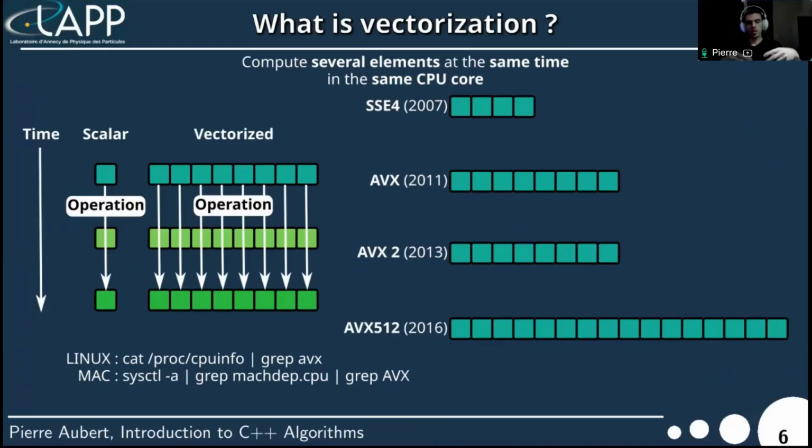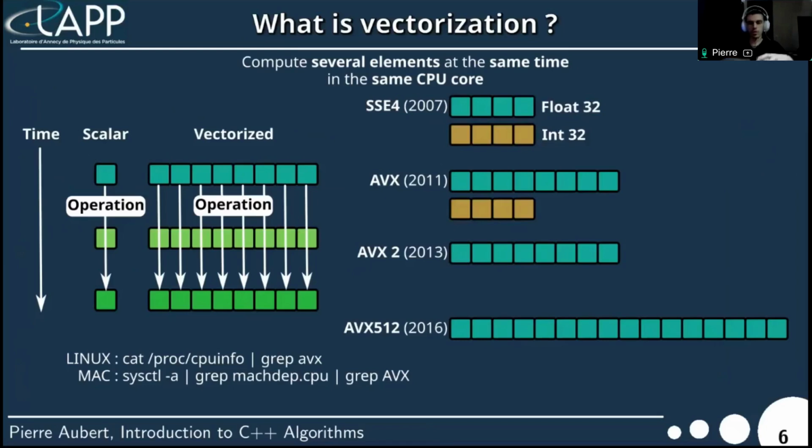And of course, it's not as simple as this, because here I spoke about float 32. For integer 32, it's also 4 elements for SSE4, but the point is for AVX, it's only 4.